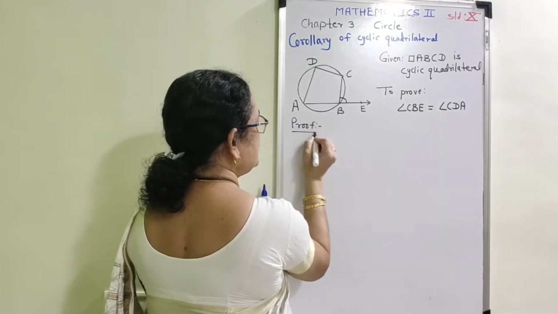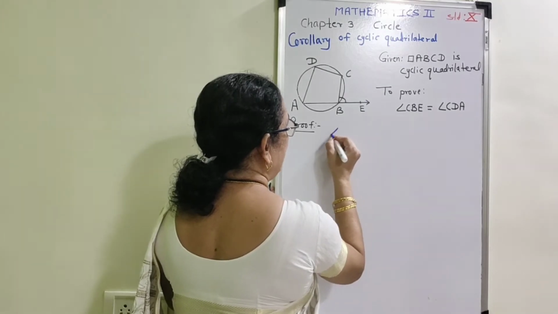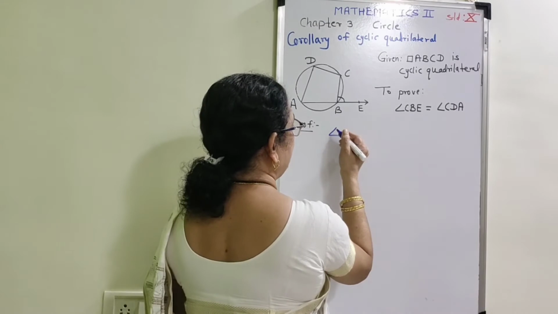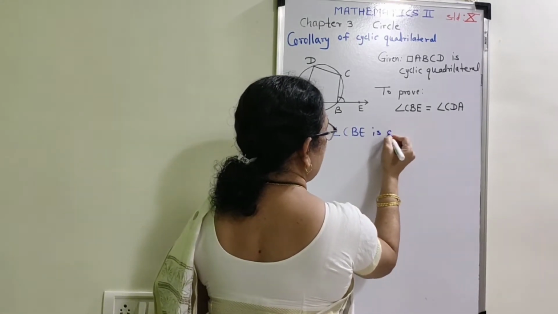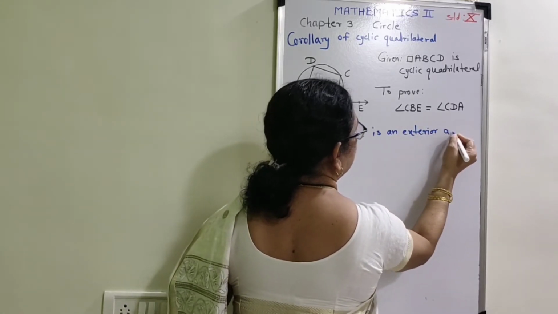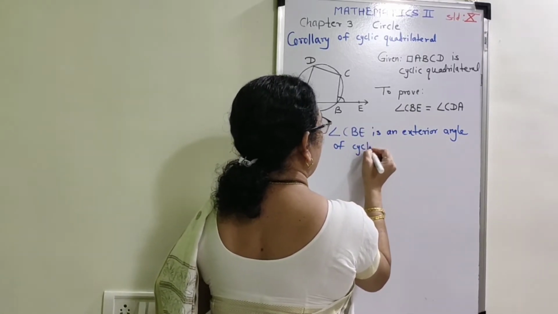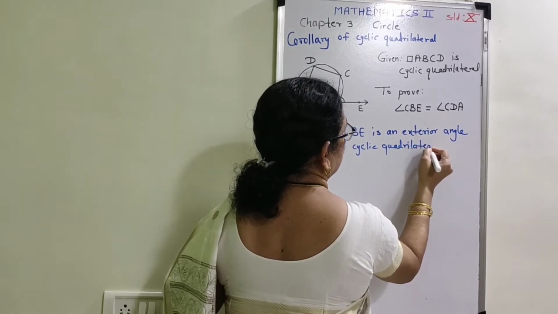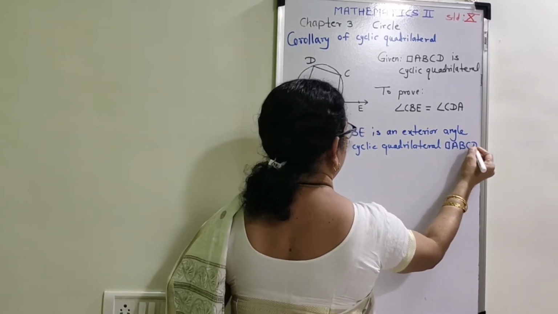The first statement, write the given: first of all consider the exterior angle. Angle CBE is an exterior angle of cyclic quadrilateral ABCD.